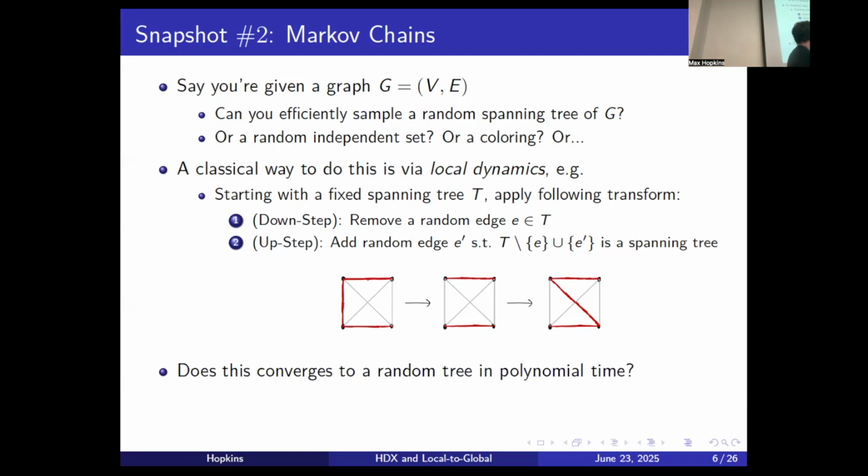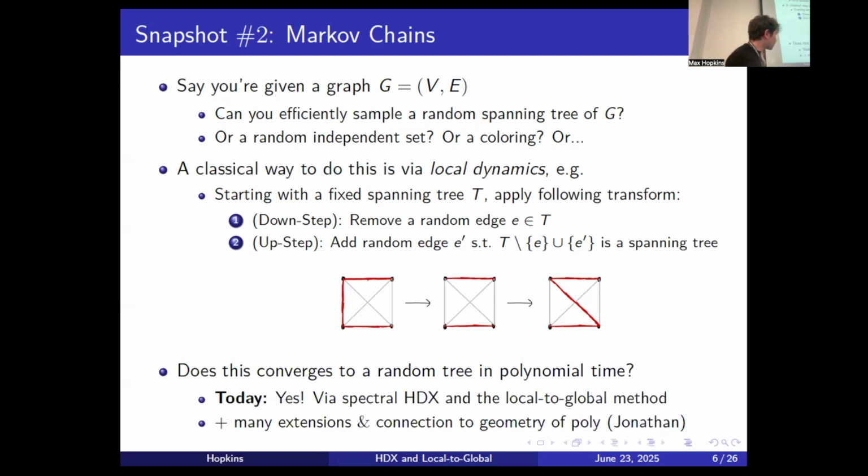There's a natural question. Does this converge? Does this process converge in polynomial time to a nearly random spanning tree? How many times do I have to repeat this single, very local update to get a sort of near global uniform distribution here over spanning trees? As they're exponentially many, it's not clear a priori that I can do this in polynomial time. It might be I have to run it exponentially many times, and then it's sort of useless.